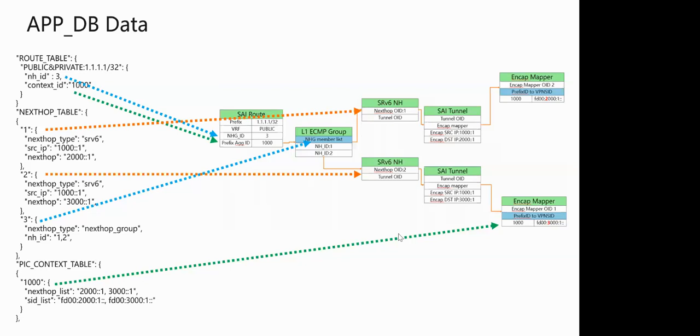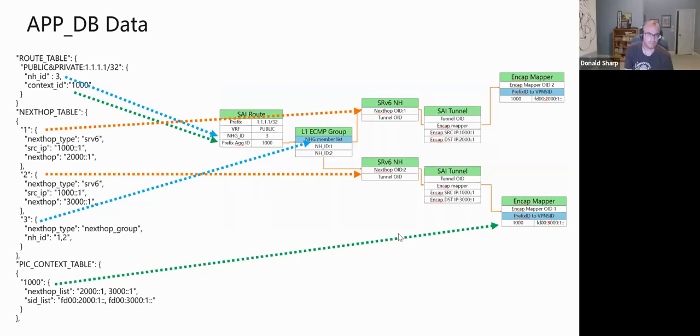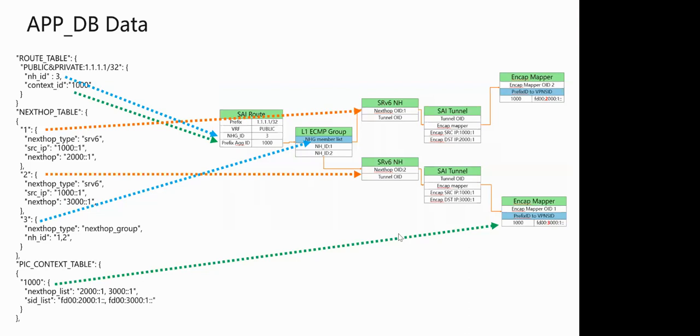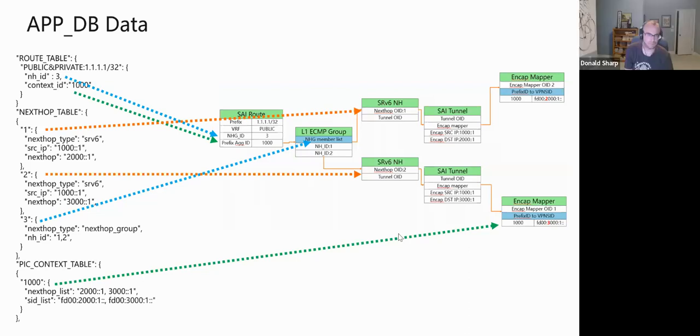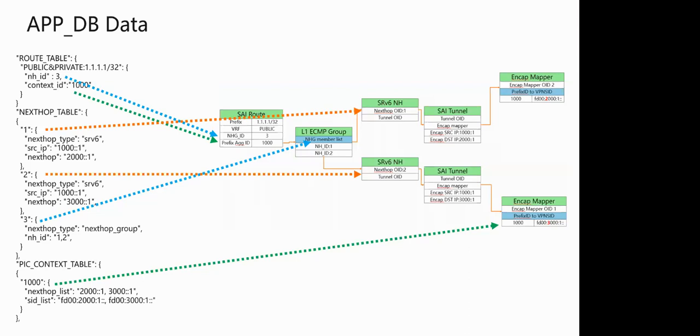It's similar to the SRv6 NH. For the SRv6 NH, we also create the tunnel, which will be level 1, and then it will be resolved through level 2, but it is done internally in the SAI. But if this requires changing the existing SAI APIs, then we need to go to the SAI community as well, right?